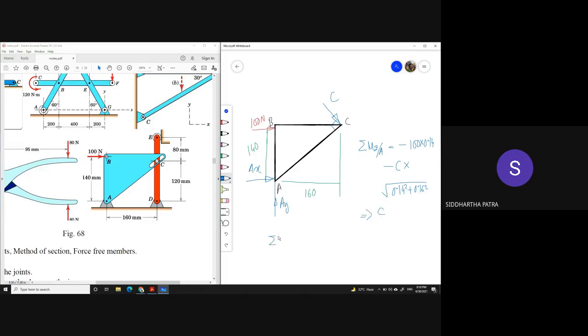So that way we can directly figure out how much is C. Then we can use summation of all the forces in X, which is AX minus, plus C times.